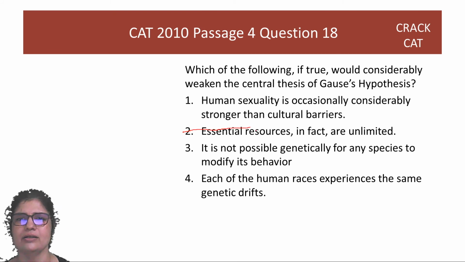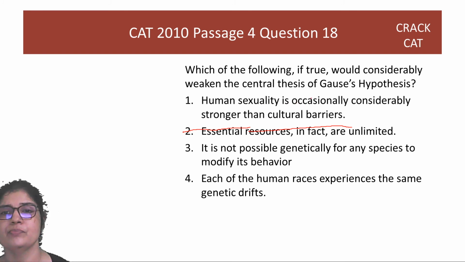So this is not an important point. Human sexuality is occasionally considerably stronger than cultural barriers. This is given, and it does not weaken the central thesis. So one is also out.